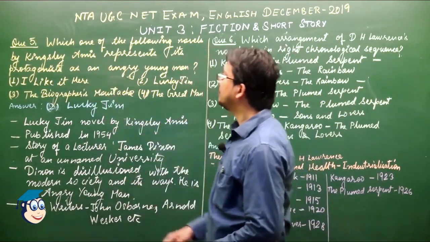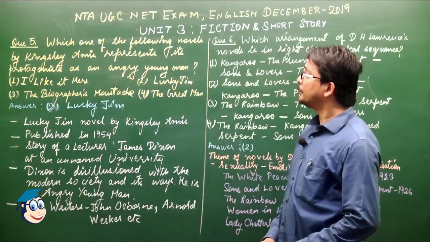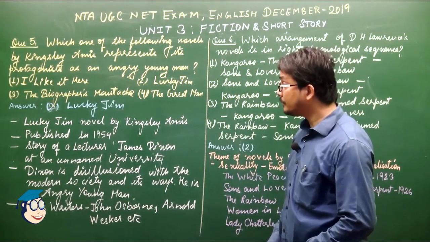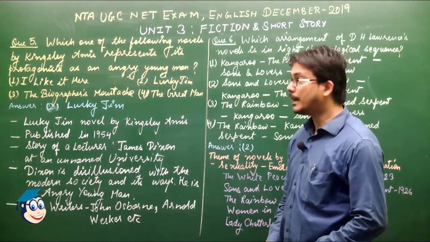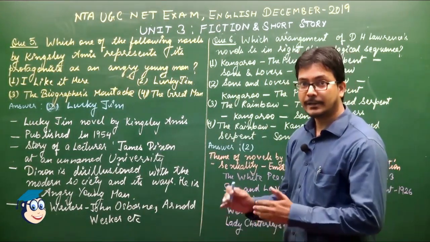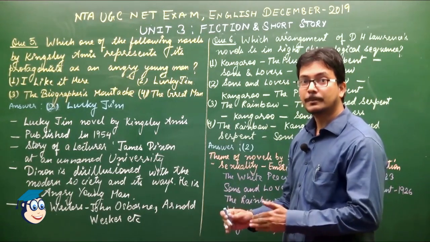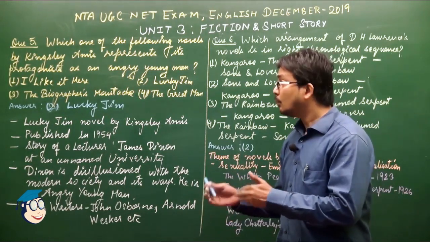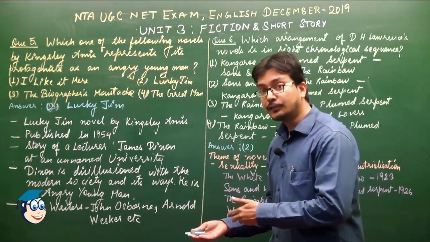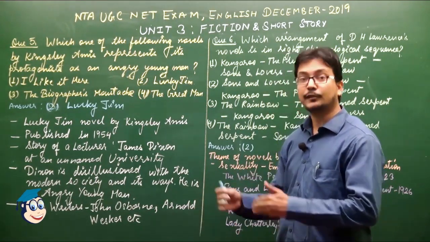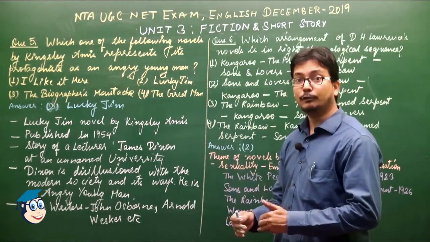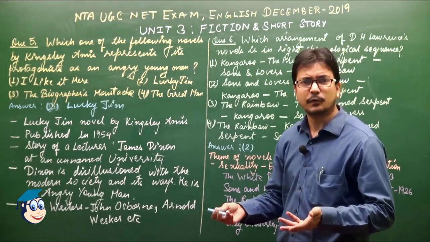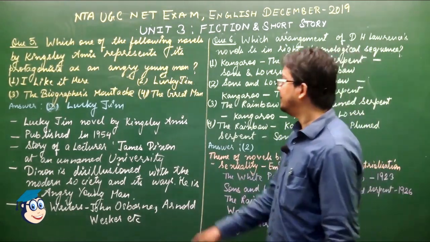The 5th question here is: which one of the following novels by Kingsley Amis represents its protagonist as an angry young man? If you know, Angry Young Man was a movement through which the chief character or the protagonist of the novel or the play was shown against modern society, its disillusioned ways, and those things that were a cause of dissatisfaction for that particular character.